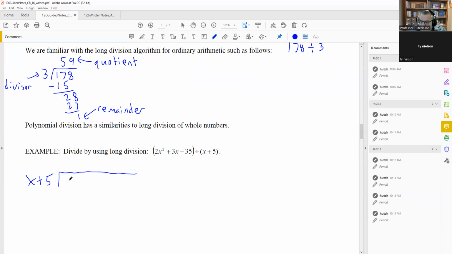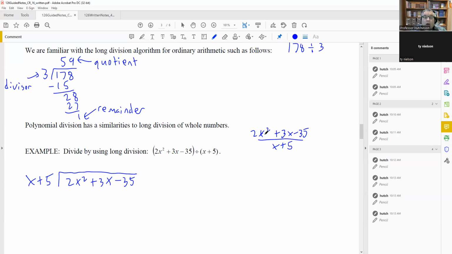And then inside the division bar, we have 2x squared plus 3x minus 35. Now, what you might be asking is, well, can I just divide like I did the problems before? This is the same thing as 2x squared plus 3x minus 35 divided by x plus 5, is really what this problem is saying.